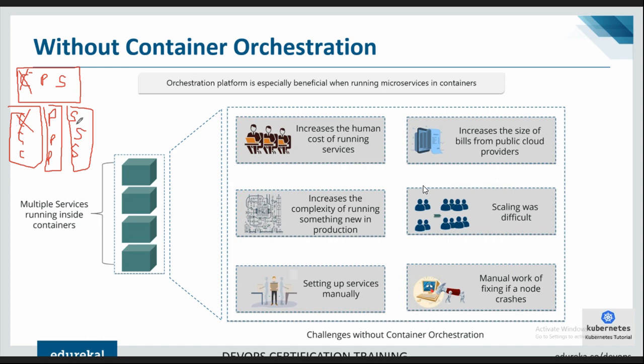Because instead of following a simple monolithic architecture, we had divided this into multiple microservices, right? And that is exactly what we discussed, because an orchestration platform is especially beneficial when we have microservices running in different containers. That means the more microservices we have, the more independent containers we will need as part of our entire deployment, right?